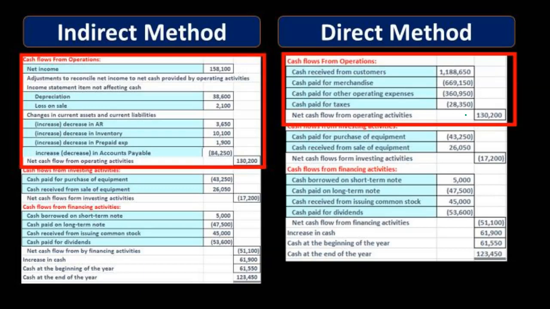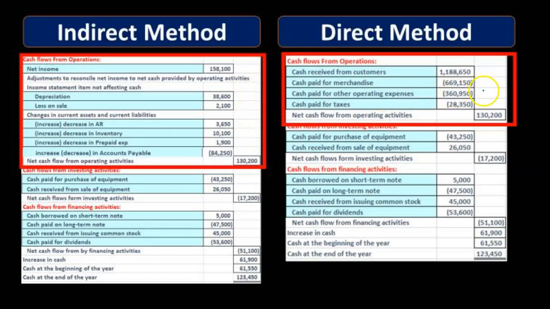Now, why would we do this? This makes more sense intuitively. Why would we require, if someone did the direct method, to then do the indirect method as well? Well, it might be useful to see this reconciliation, because we'd want to know the difference between net income and the cash flow from operations. We want to know those reconciling items.